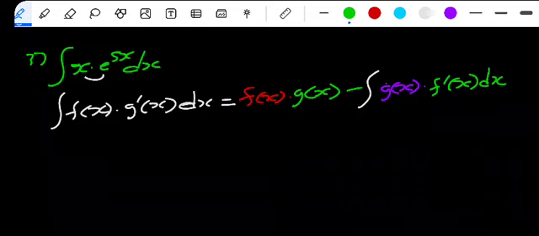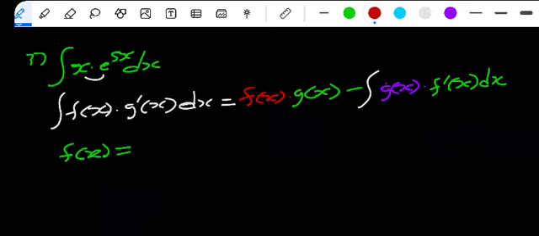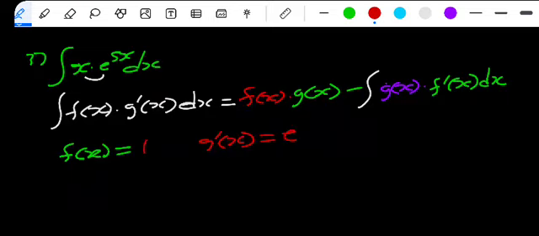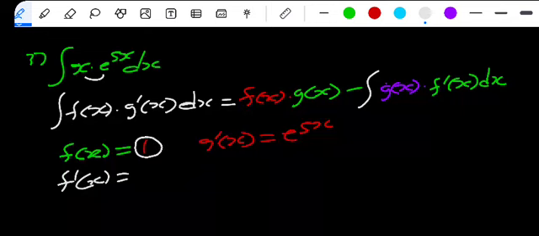So I will let f of x equal x. Then I will let g prime of x equal e to the 5x, like that. Then f prime of x will be, here we have x, so this will be 1.